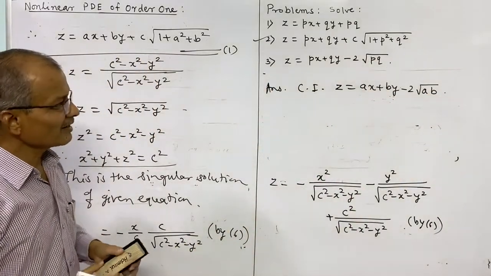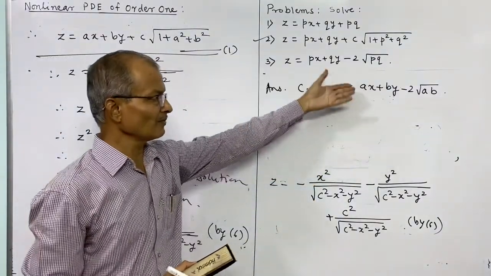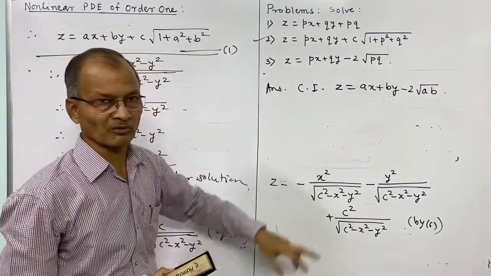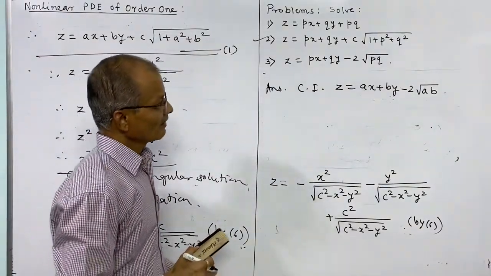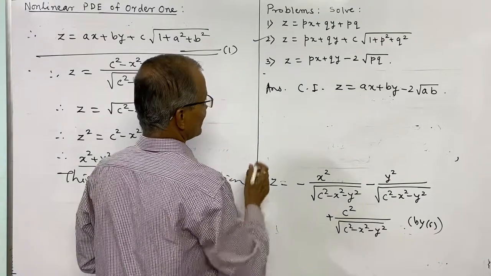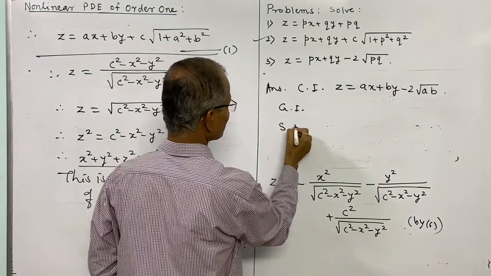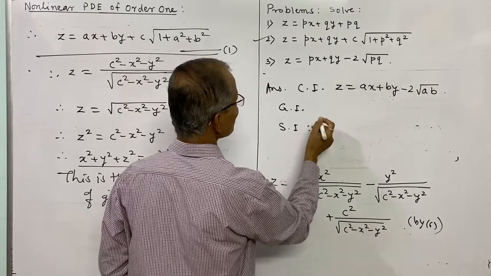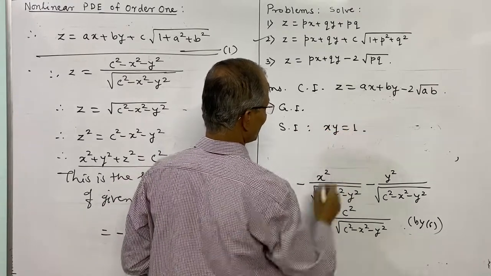So general integral is only to write a procedure. Put b is equal to phi of a, differentiate this partially with respect to a, eliminate a between these two equations to get the general integral. And you should write that procedure, general integral. And singular integral is here in this case x into y is equal to 1.